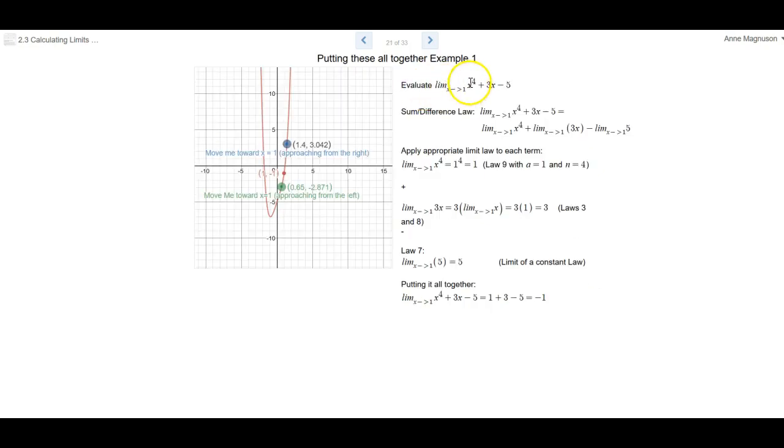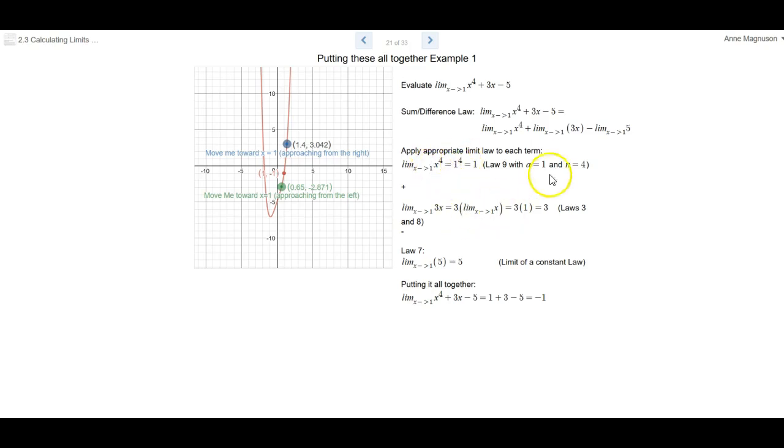Evaluate this limit: x to the fourth plus 3x minus 5 as x approaches 1. If you're asked to evaluate a limit and to justify each step, this is what you would do. You'd say, well, I'm going to first apply the sum and difference law and break it up into the limit of the sums or differences. Then I'm going to look at each limit, and for this first limit, I can apply that power law that said I can just replace x with 1.